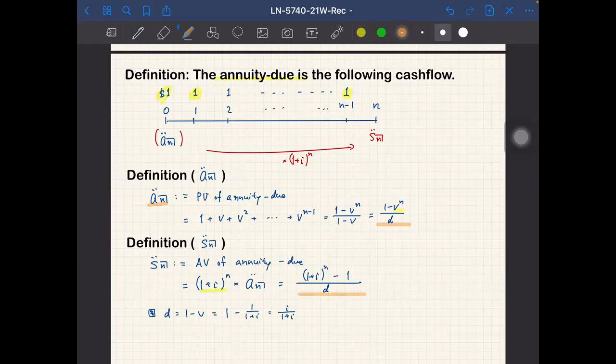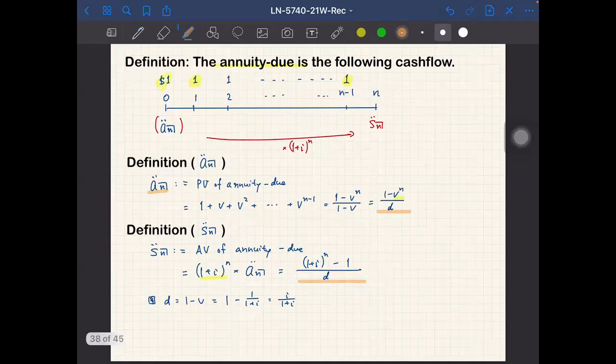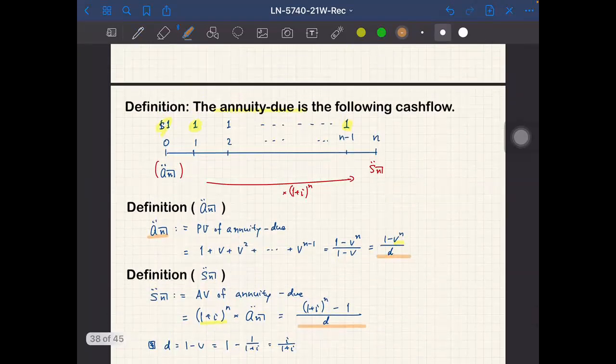Okay, so now we have defined A right angle n, S right angle n, A double dot angle n and S double dot angle n. Basically, these are the same thing: the value at some point of n payments of $1. We are just seeing this cash flow at a different time point.